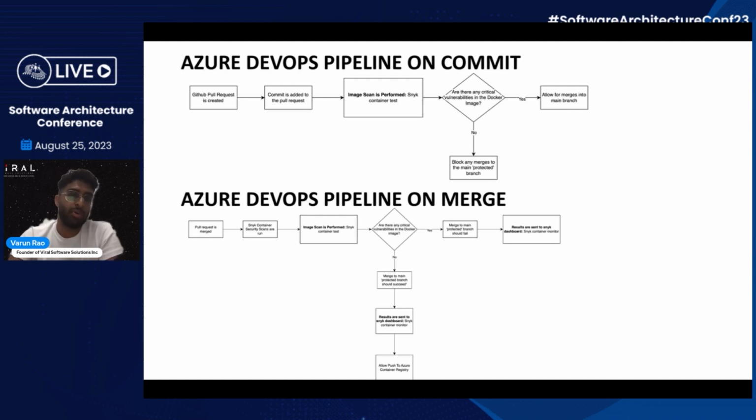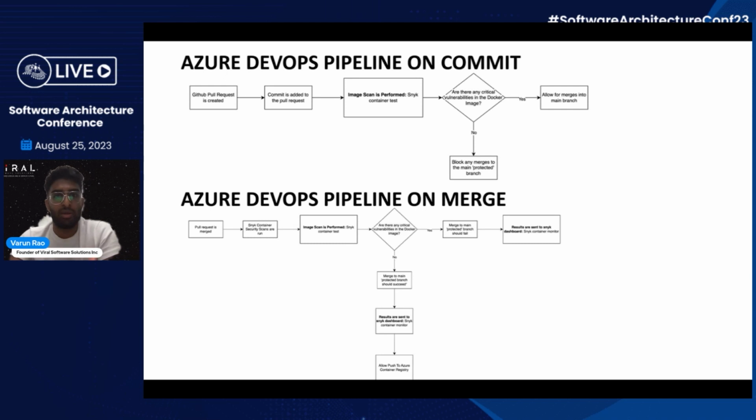Once you do, the image scan is performed and the snyk container test command is run. Then there's a check to see if there are any critical vulnerabilities in the image. If there are critical vulnerabilities, then there should be a block, where the pull request is not merged to the main branch, right? And that's the idea.